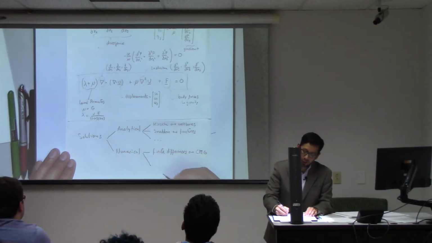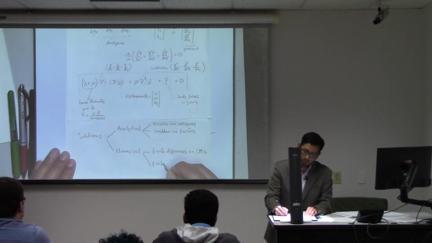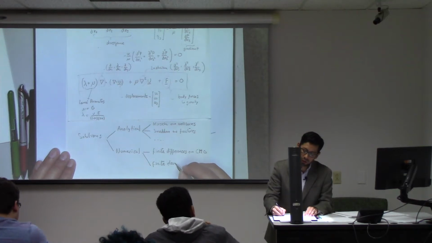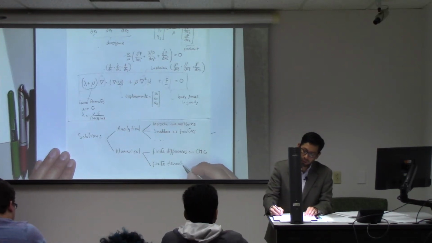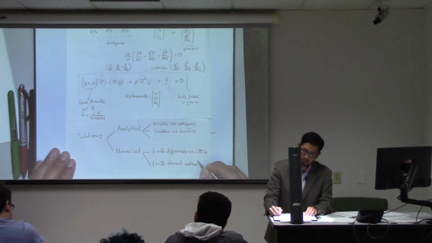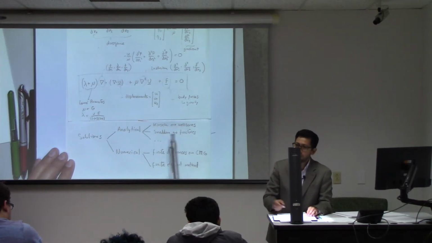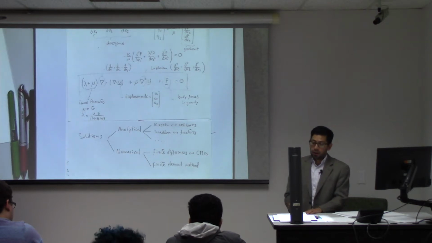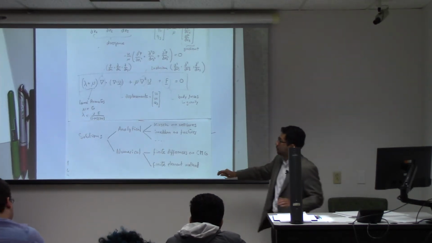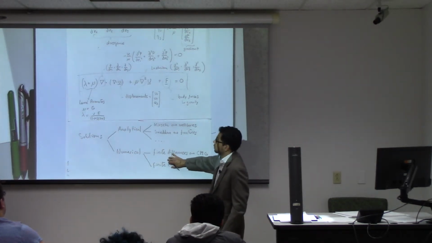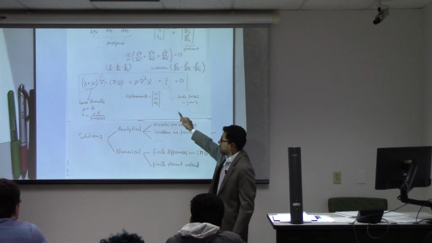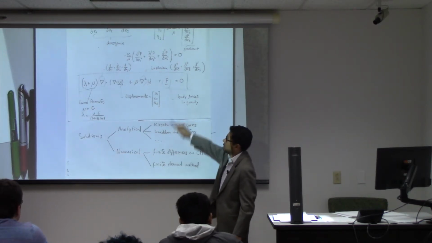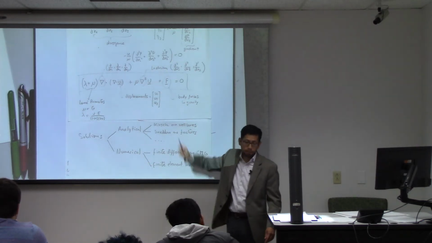And there's also another solution for this, which is called the finite element method. And there are some hybrid methods also for solving these equations. But remember that when we're solving these kinds of problems, we're going to be solving that equation, okay?